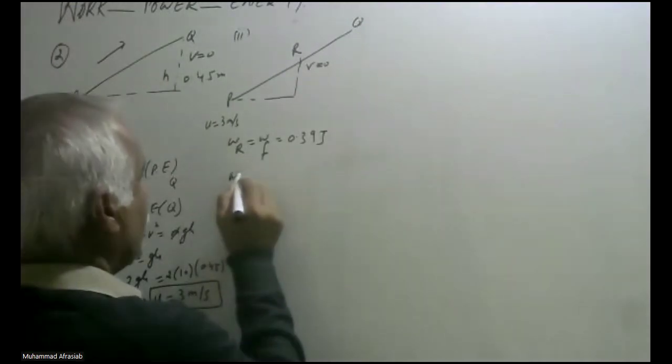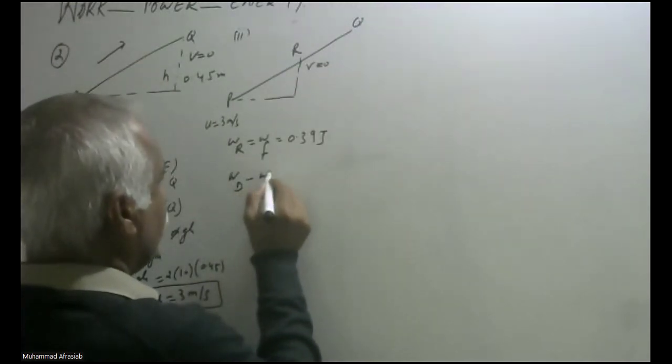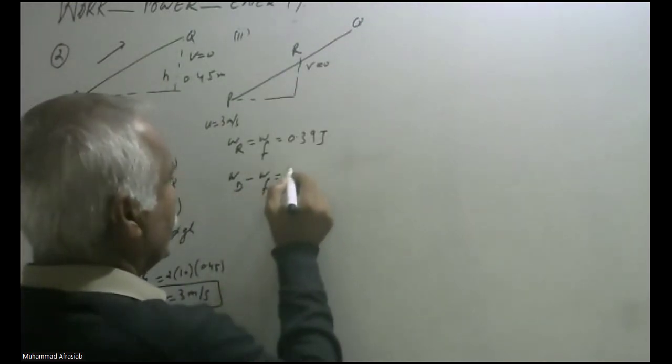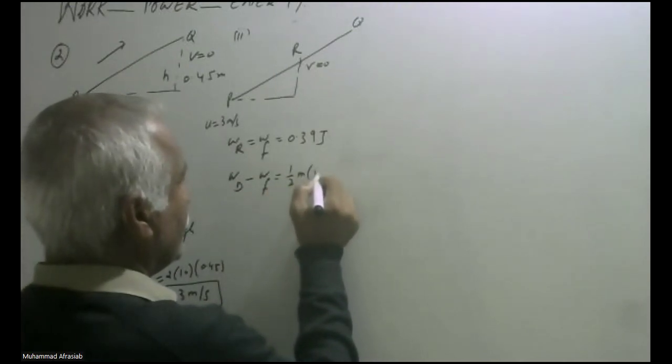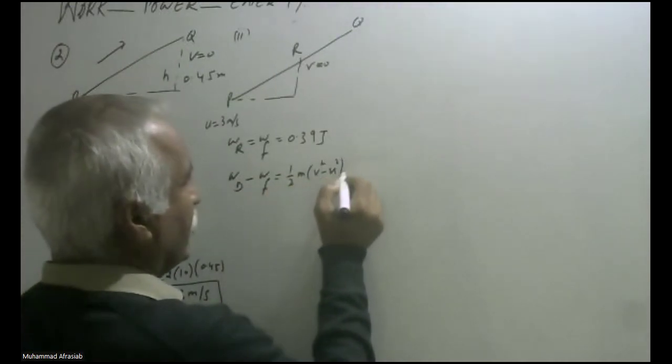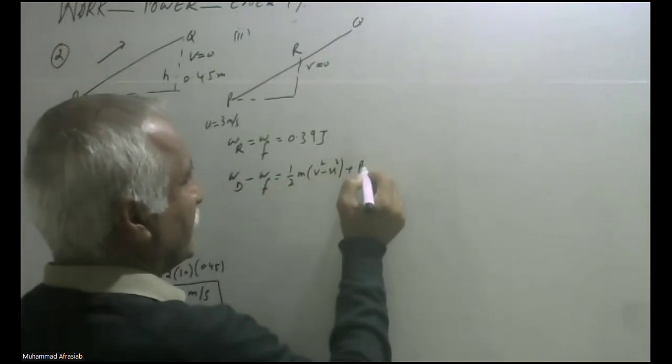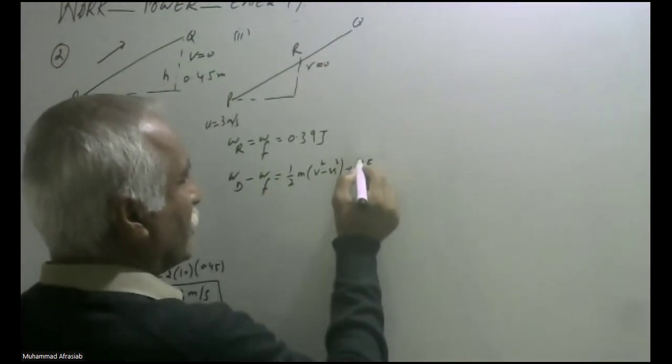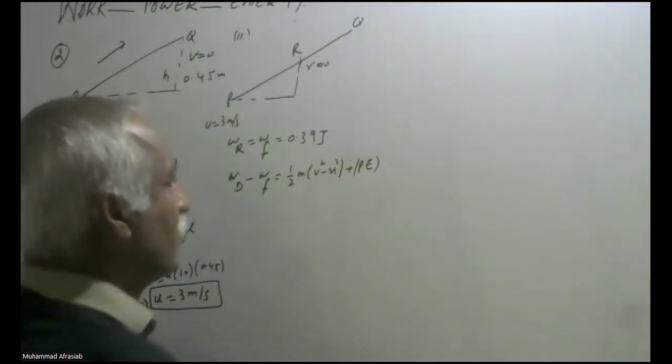Because there is no angle given here, we can directly use the concept of potential energy. So we can use this famous equation: work done by driving force minus work done by frictional force is equal to change in kinetic energy plus the potential energy, which is equal to mgh.